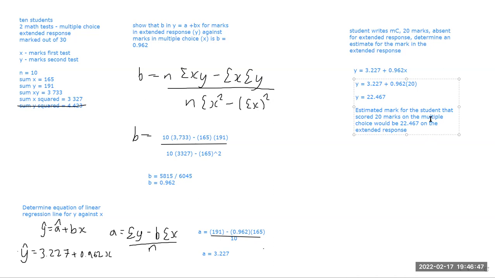Very good, Jamie. All right, so basically it doesn't even matter, because if you get 20 or 22, you're going to get basically the same thing out of 30. That's roughly 70% on both of the papers.